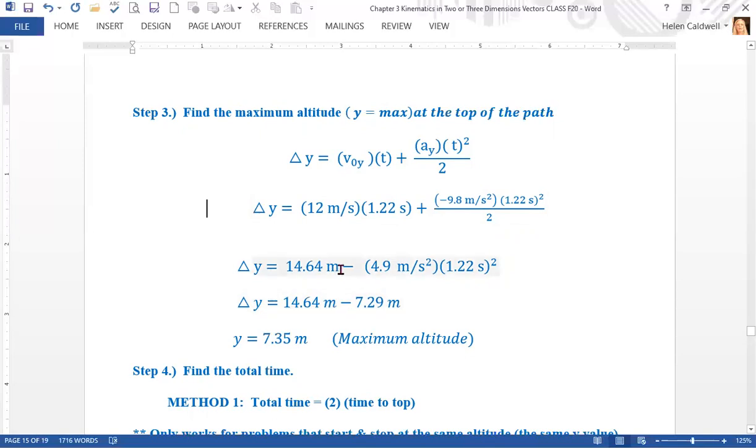So we still have the 14.64 meters minus. So if you take 4.9 and multiply it by 1.22 and multiply that by 1.22, you should get 7.29 meters. If you can't get 7.29 meters when you do this part of the calculation, you need to ask me for help. So 14.64 minus 7.29 gives us 7.39, I'm sorry, 7.35 meters. That's our maximum altitude.